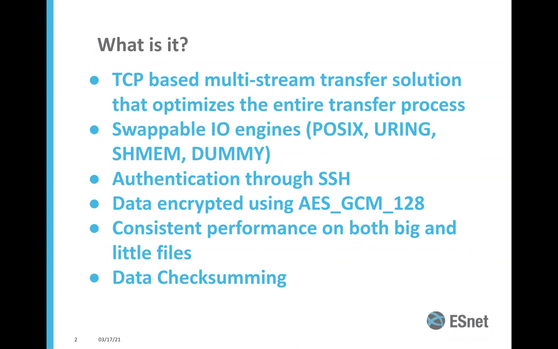I am hoping at some point in the near future to show an example of the shared memory engine being used with something like S3-like storage, so that you would be able to have a file that you start as a regular file on your system, transfer it to a remote node, and then have that remote node store it as an S3 file using the S3 APIs. And when I say S3 APIs, I don't mean Amazon, I mean any of the competitors to that for object storage.